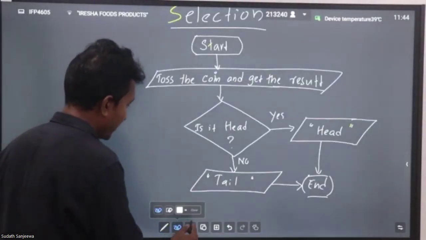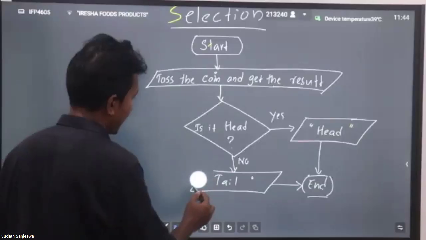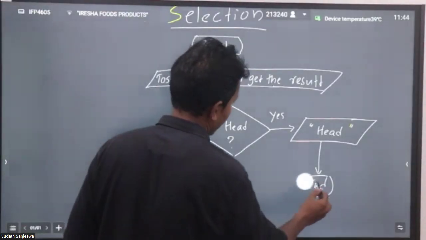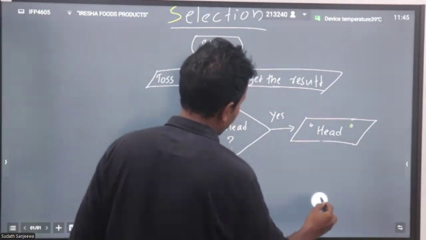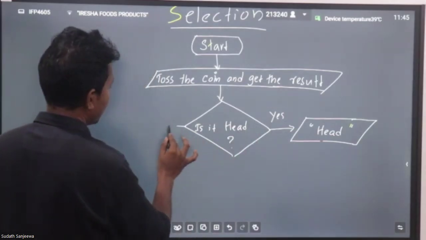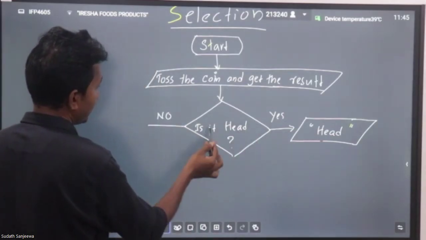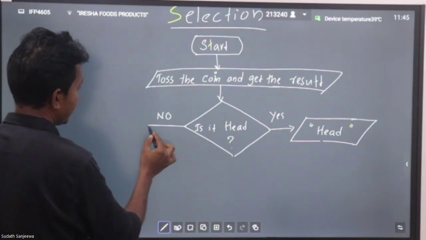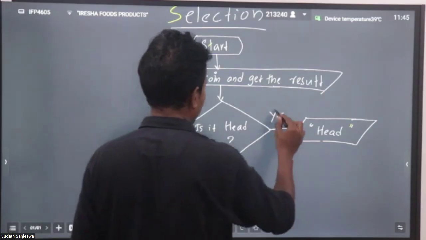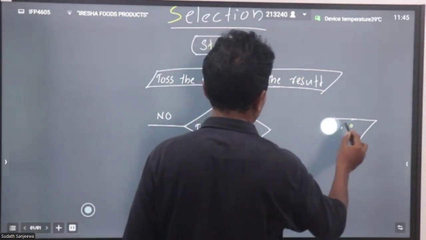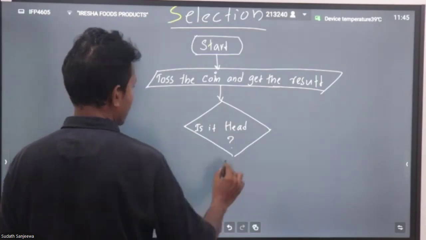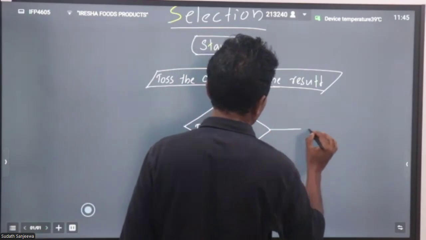Same flowchart, you can draw in this way as well. Right? This is the same thing. The no option or this flow you can draw in this way as well. Sometimes you'll be confused if you get a flowchart like this.